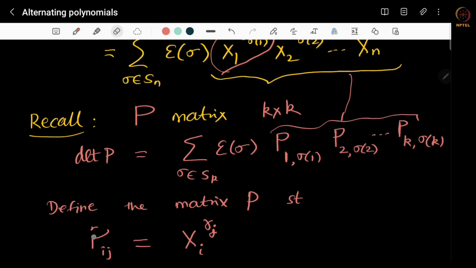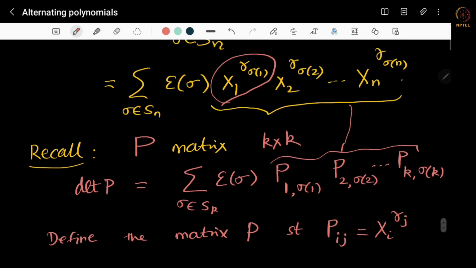So let's define this matrix. So first let's take this k to be the same as n. So let's define the matrix P as follows. So what are going to be my entries? P such that the ijth entry of P is exactly xi to the gamma j.